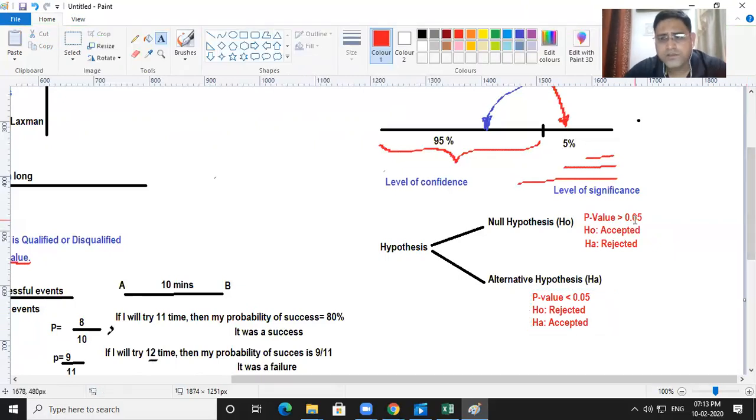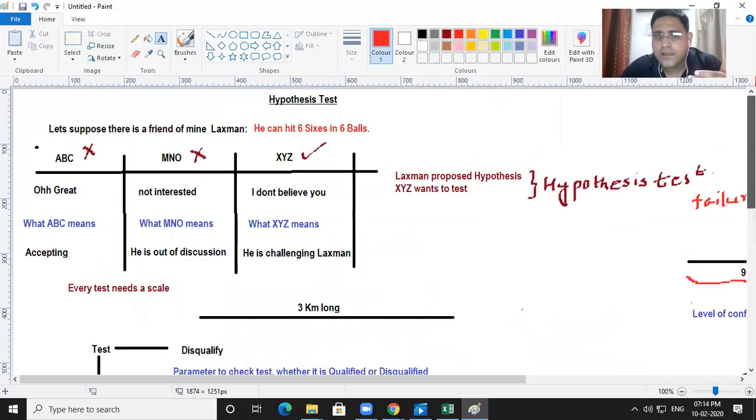So if the p-value is 0.05, or I can say, if I'm saying that my null hypothesis H naught is accepted, what does it mean? It means that what has been stated is proved. Means when Lakshman says that I can hit 6 sixes in 6 balls, and I set a parameter, we came to the agreeable point where my p-value is 0.05, or we came to the point that, forget about 6 balls.